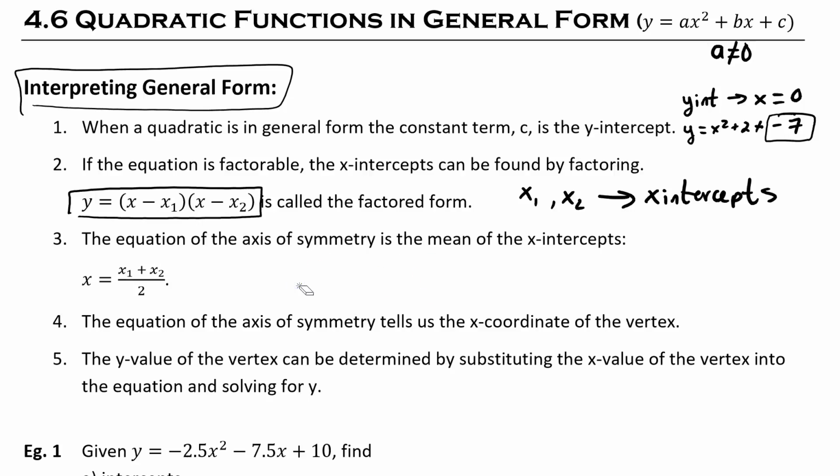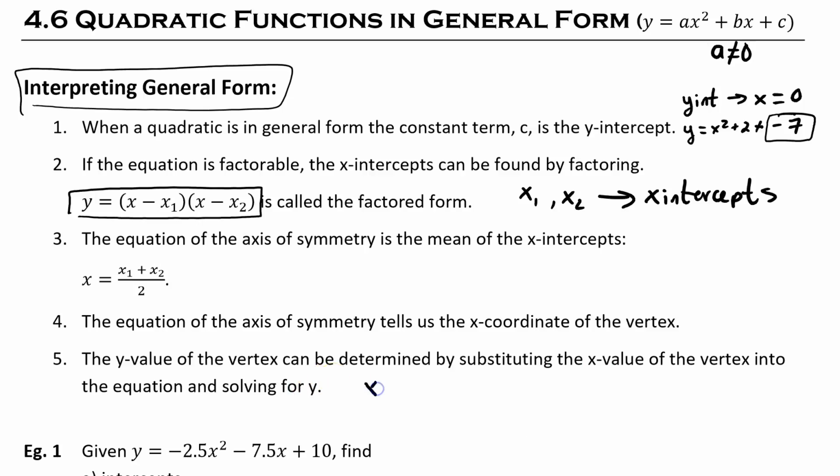And remember, whenever we have a vertical line, it's always going to be x equals something. The equation of the axis of symmetry tells us the x-coordinate of the vertex. The y value of the vertex can be determined by substituting the x value of the vertex into the equation and then solving for y.